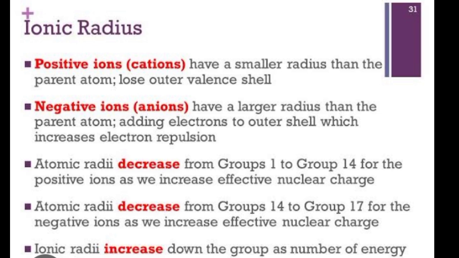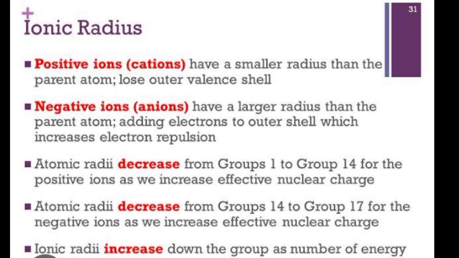That tends to increase the outermost shell electrons, so outer shells will be added, which also adds electron repulsion. So positive ions reduce in size compared to their parent atoms, while negative ions, or anions, add to their size. They get bigger compared to the parent atom.